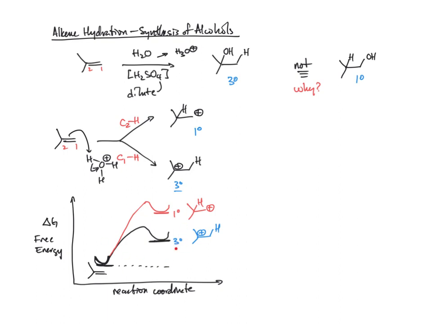When we're saying that the tertiary is lower in energy, both of these are higher in energy than the starting material, again, because the carbon's electron deficient and it wants to react.